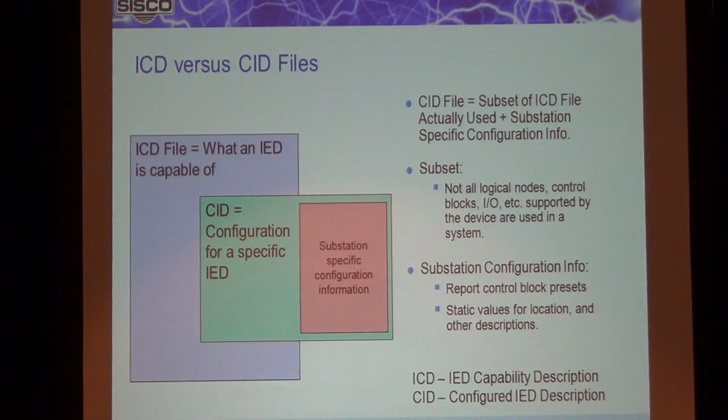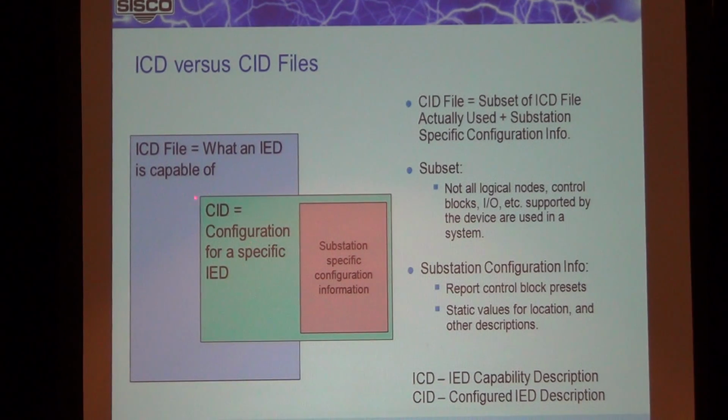And so if we look at the difference between an IED capability description and a configured IED description, essentially you have the ICD files, what the IED is capable of. So an IED might be capable of having 16 current transformer cards plugged into it, but in fact, in your application, you only use 2.